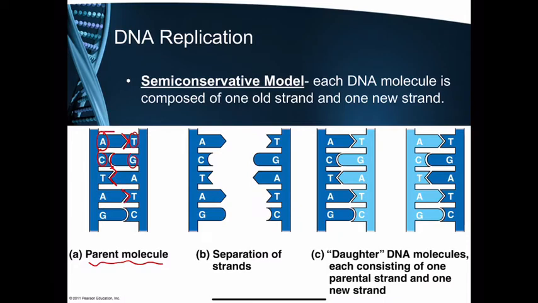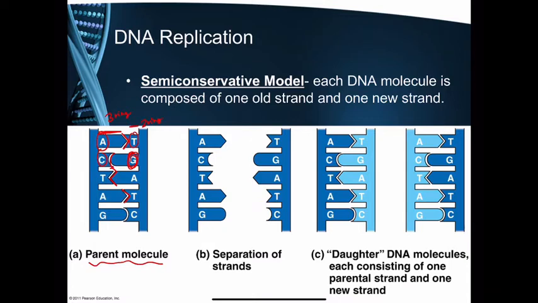Notice the A, it's one of those 3-ring structures, so it appears a little bit longer there. The T is one of the 2-ring structures, so it appears a little bit shorter there. And it's imperative that the A's and the T's pair together so that it's the right distance all the way across. If that A tried to pair with this G here, that would not work out properly.